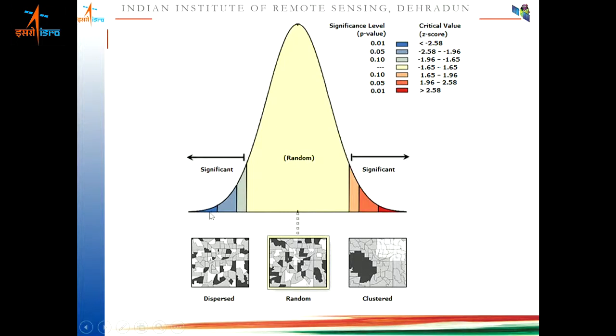If it is in the left hand side tail, your distribution is dispersed. And if it is in neither tail, then it will be near a random distribution. This way confidence or significance testing is done for Moran I index.